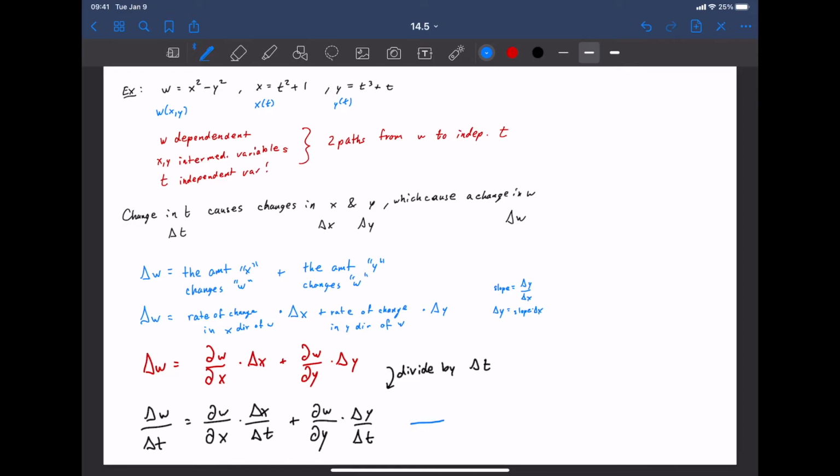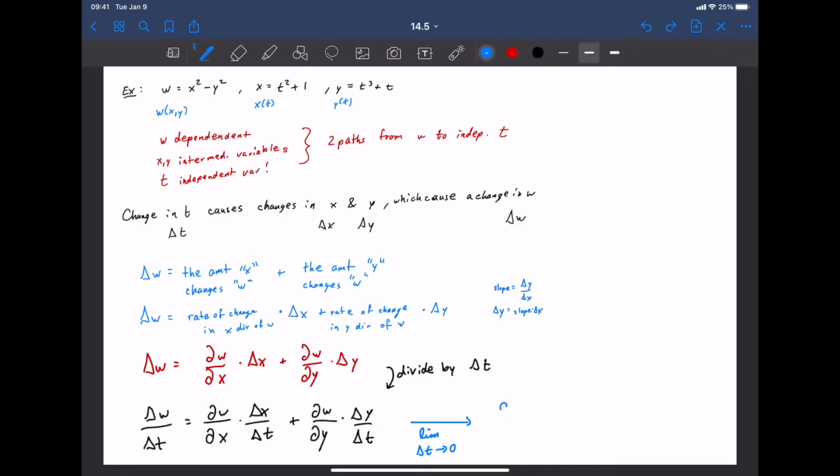And one last thing, we would do the limit as the change in time approaches 0. That's how we get from a difference quotient to a derivative. From a slope to a derivative, we take the limit as that change is going toward 0.